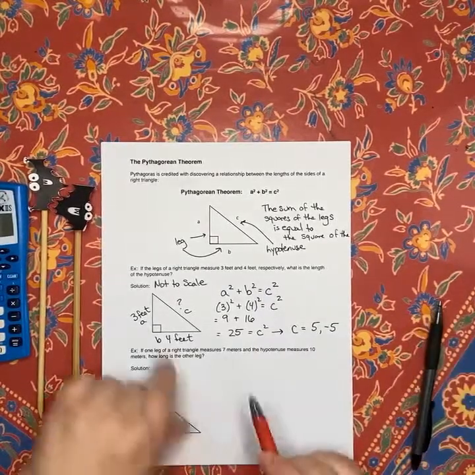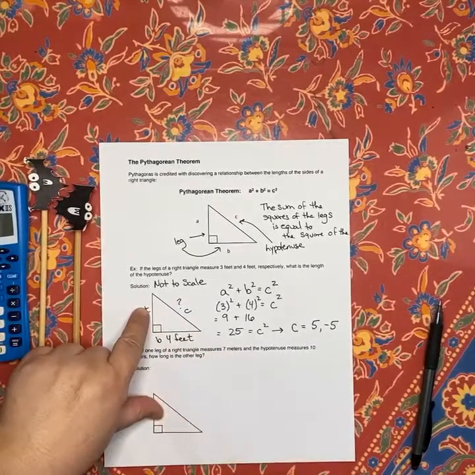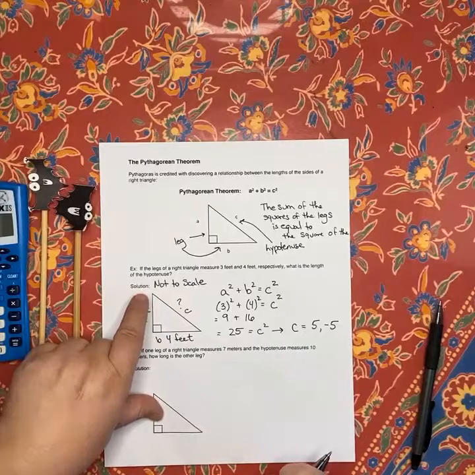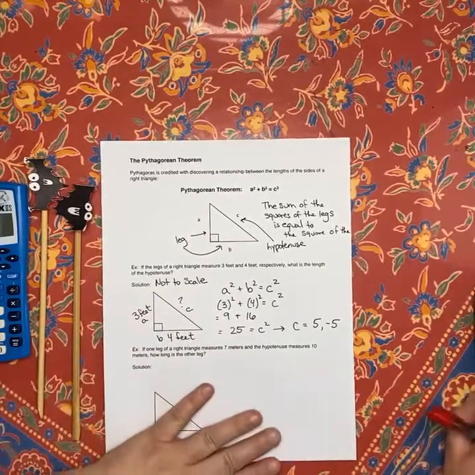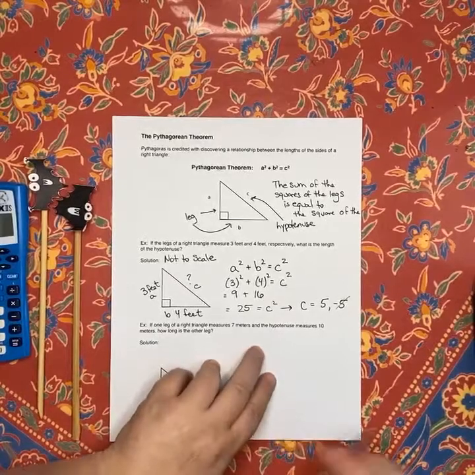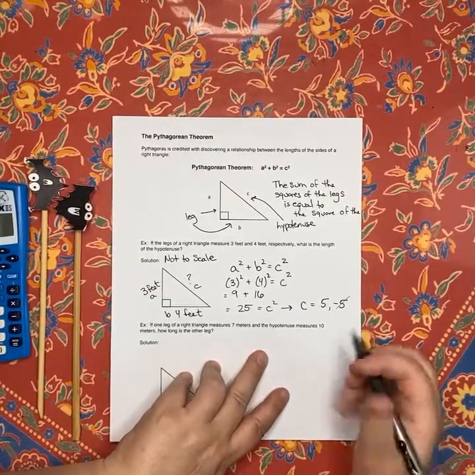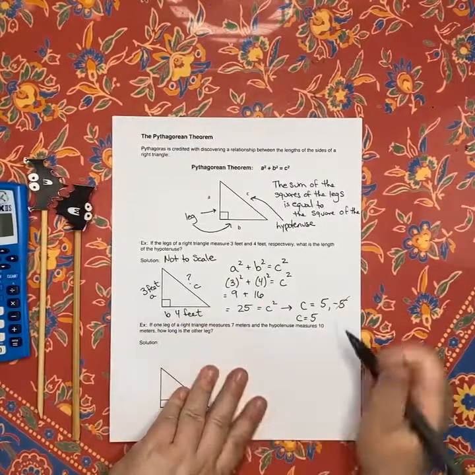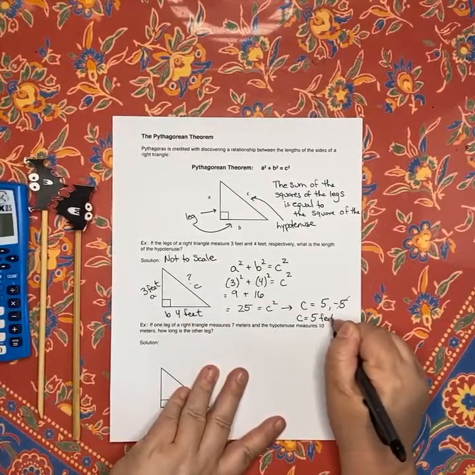But can we have the length of a leg or a hypotenuse of the triangle equal to -5? Not in this dimension, just not going to happen. So I'm going to cross that out. So then my answer is that C equals 5, and then go back to units. These are feet, so it's 5 feet.